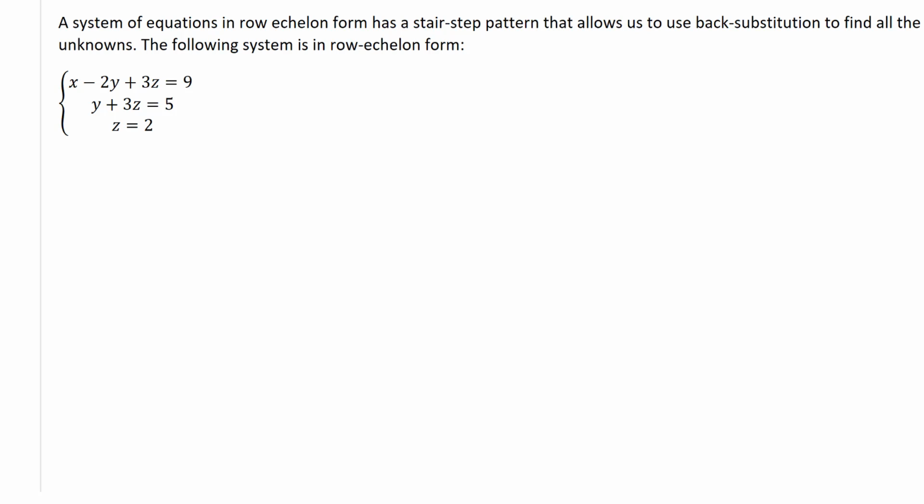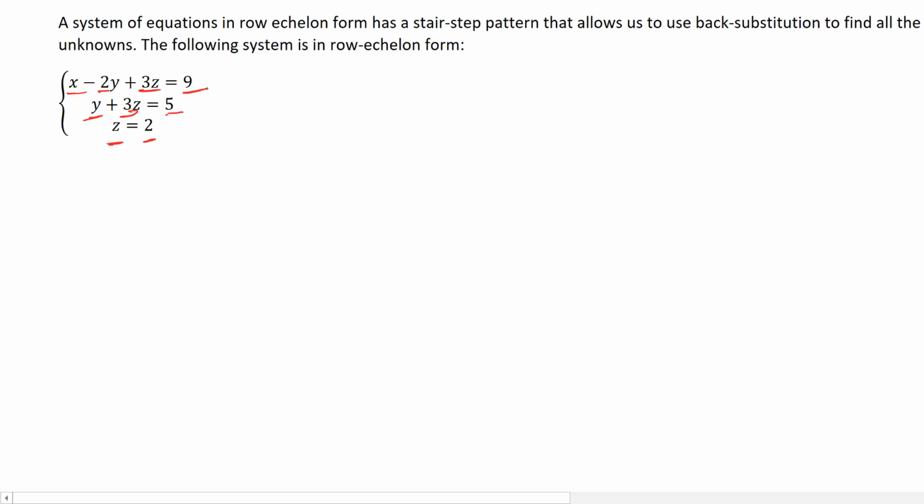You want to get your system of equations into this stair-step kind of form where your bottom equation just has the final unknown and it's solved. And then the second equation has the unknown before that and the final unknown and a constant, and then the top equation has all three unknowns and a constant.